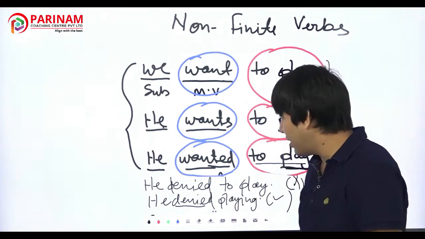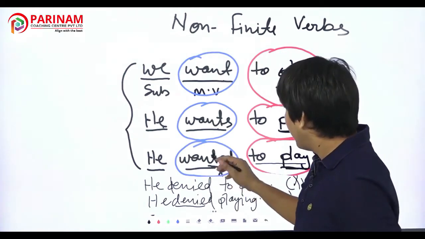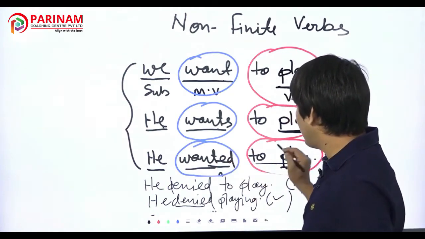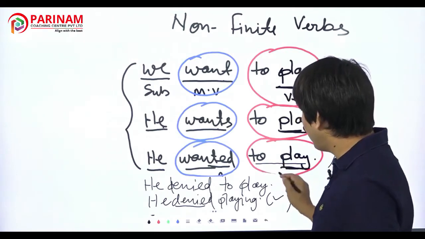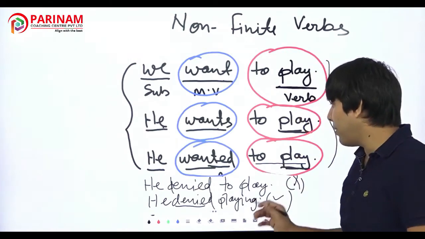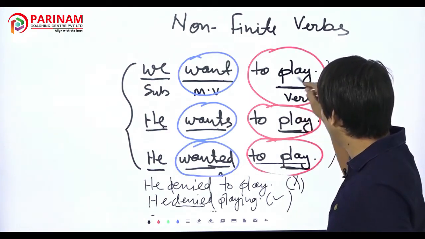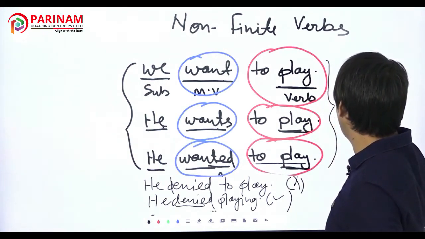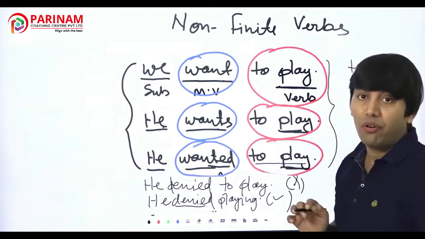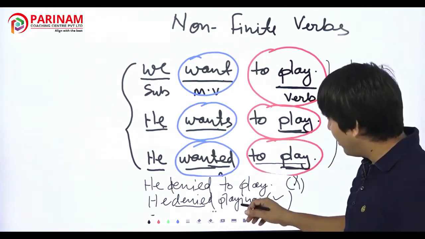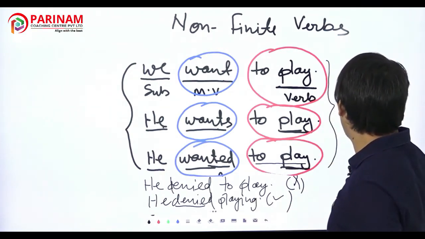But here you must have understood now this, that after want we can write 2 plus v1 and after deny we can't write 2 plus v1. After deny we write playing. Now these are 2 different types of non-finite verbs. As you can see, this is 2 plus v1. So 2 plus v1, we know it by a different name, and it is v1 plus ing.